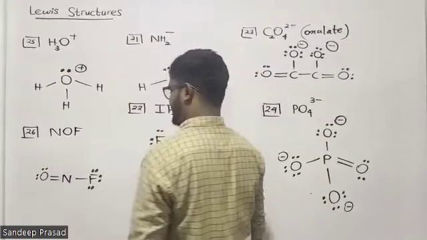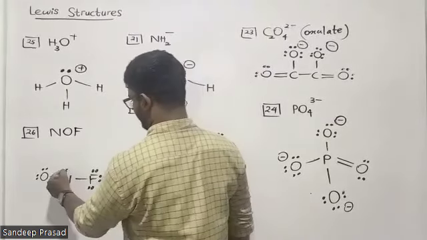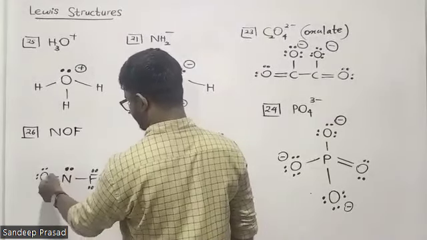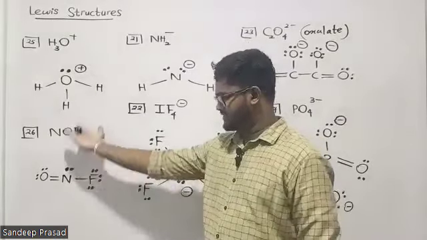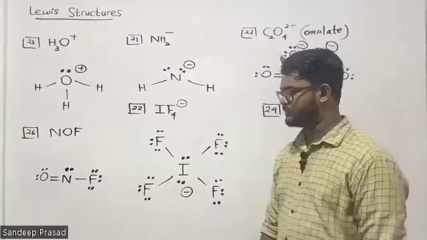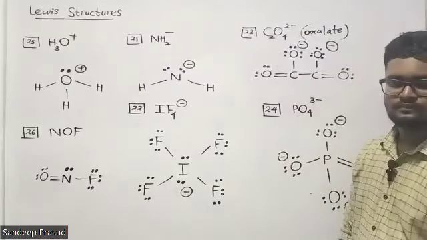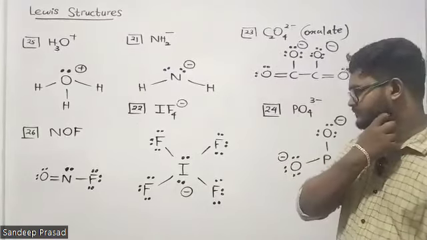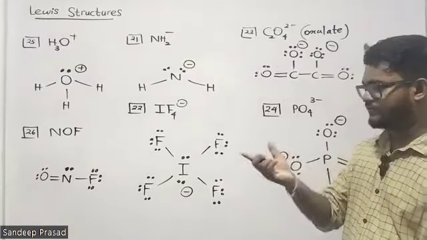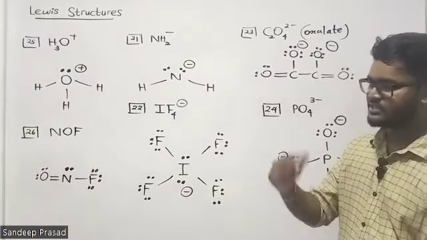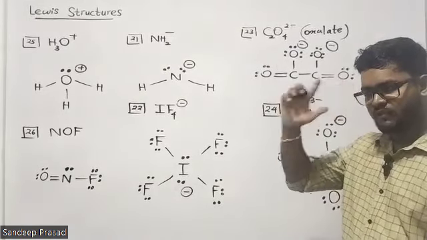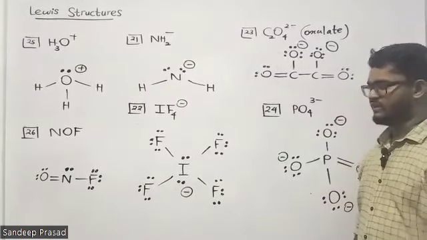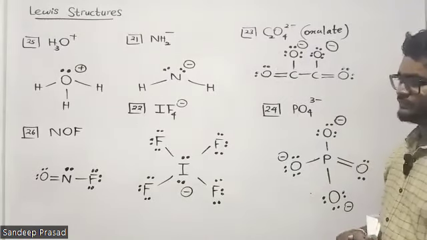So what about nitrogen? Nitrogen is not satisfying the octet. Put a lone pair. 1, 2, 3, 4, 5. Valence electrons are okay. Octet is satisfied. This is NOF, a perfect molecule. Okay, that's good. Octet, valence, octet, valence, octet, valence. That is what is always in our mind when we are drawing Lewis structures.